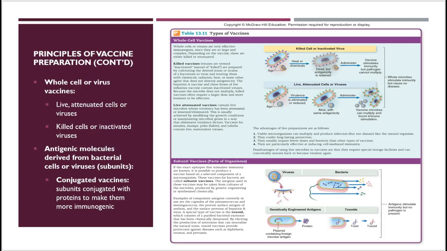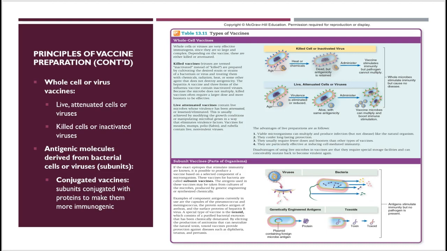There are two types of vaccines that are produced, and each of those has some subtypes. So the first type of vaccine is called a whole cell vaccine, and there are two forms of whole cell vaccines. They are killed cell or inactivated virus whole cell vaccines, or live attenuated cells or viruses.